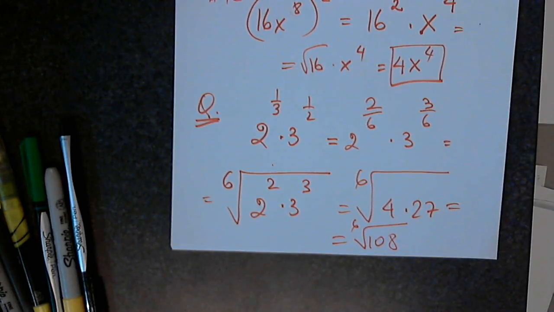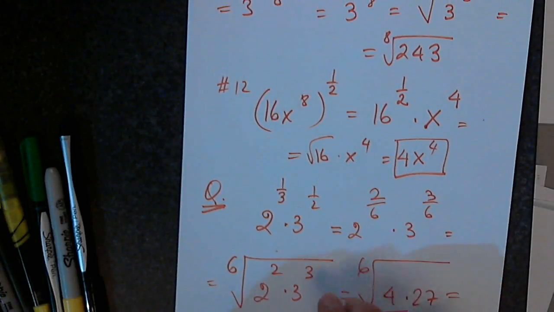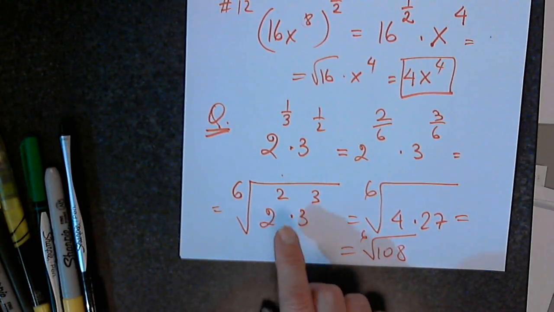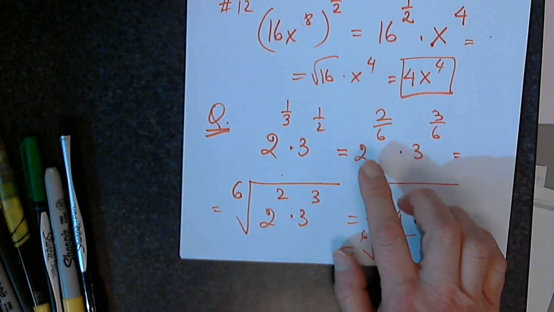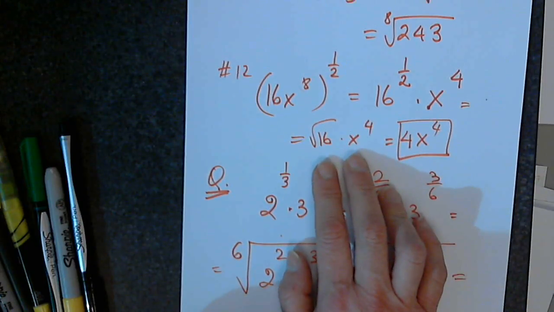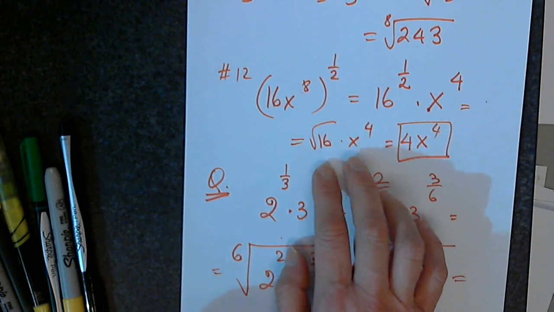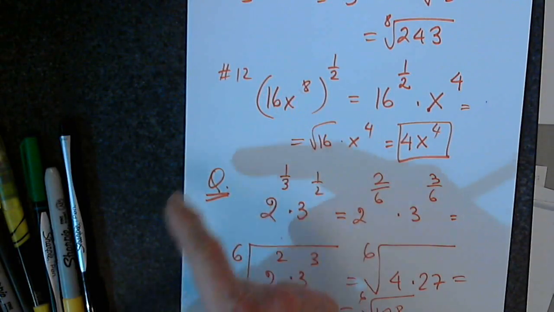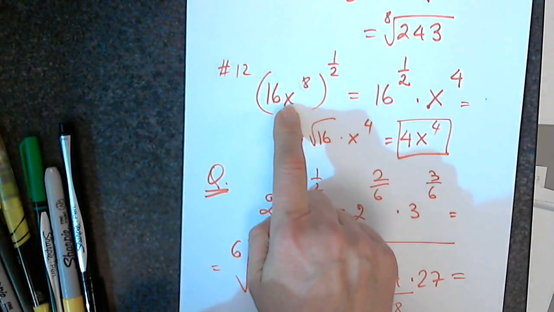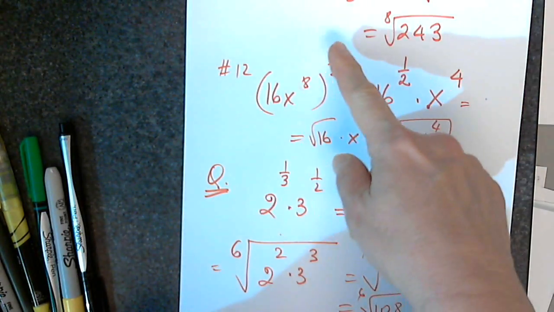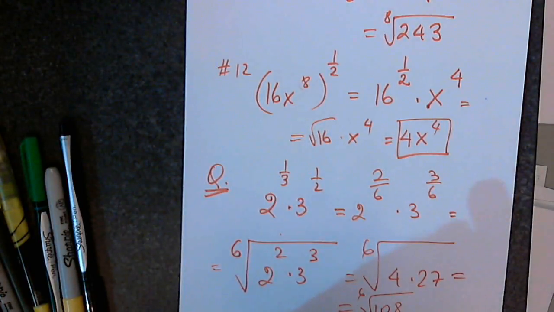So basically, 16 and x are two separate numbers. Here? Oh, 16 x to the 8th, you're talking about this and this? Yeah, that one. This is a product of two quantities. So this is basically the square root of this. But it's easier if you say, I take this portion and raise it to 1/2, because that's one of the exponential rules.